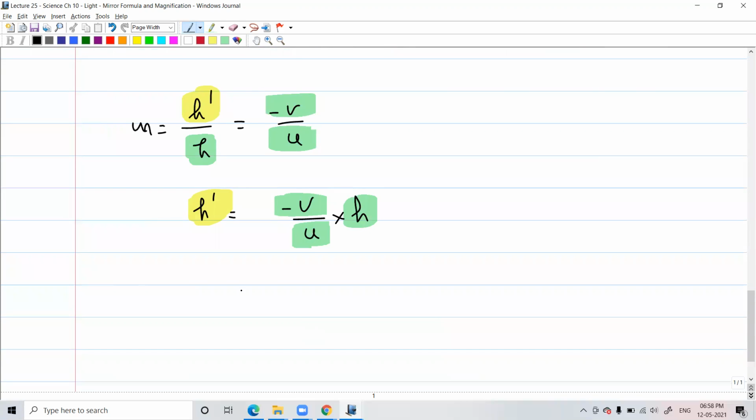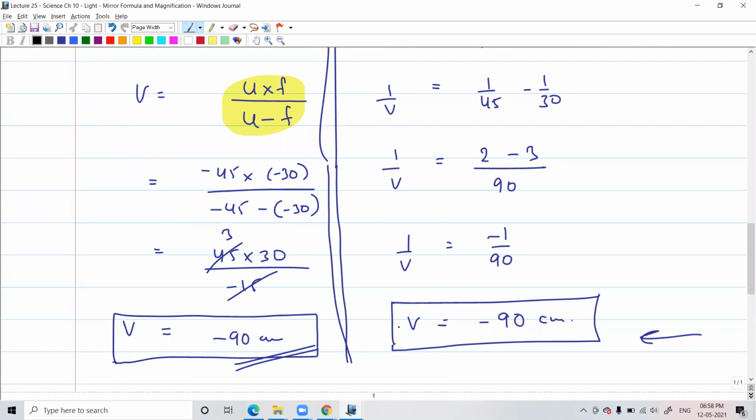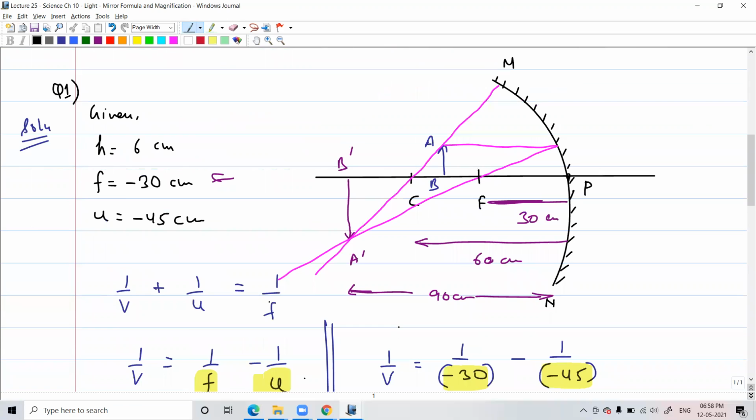So what is h dash now? Quickly tell me. What was v? We found out it is minus 90, right? And u was minus 45. Be careful with the sign. Always mention all the signs. H. What is h? 6. Should it be plus or minus 6? This also you should be careful. Is it plus 6 or minus 6?